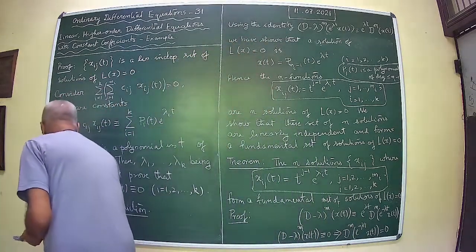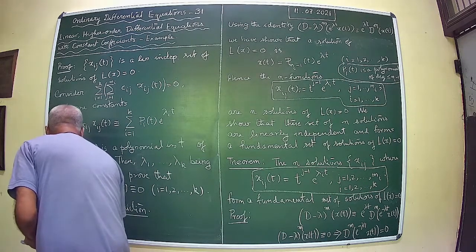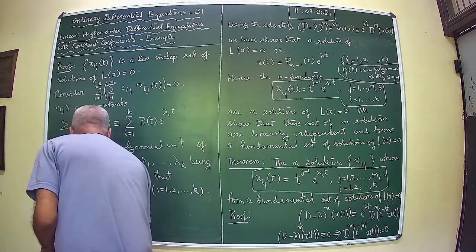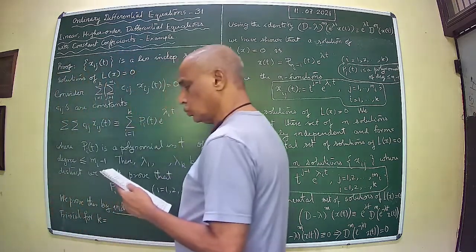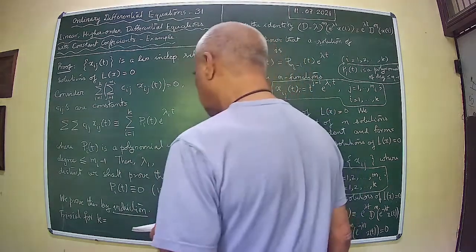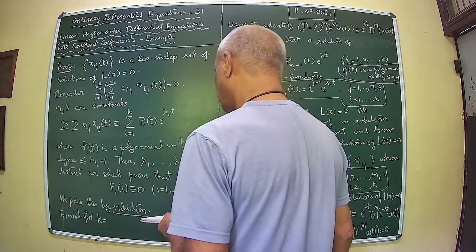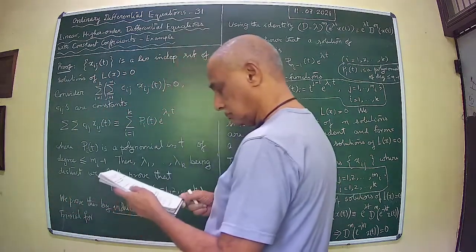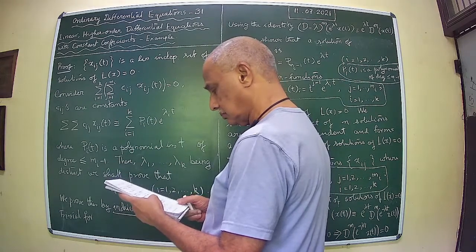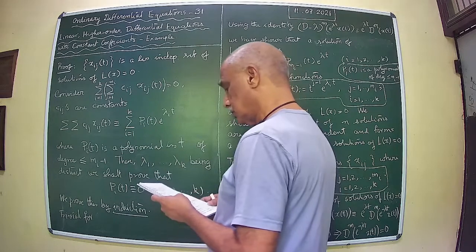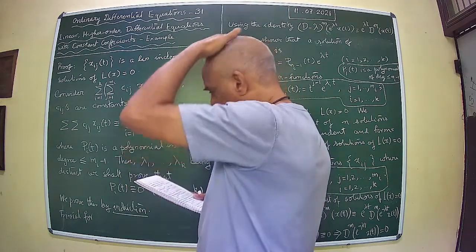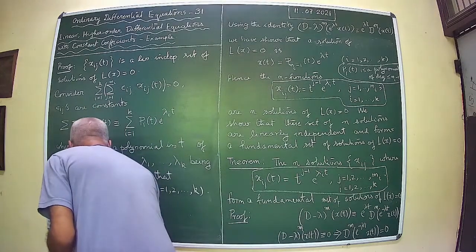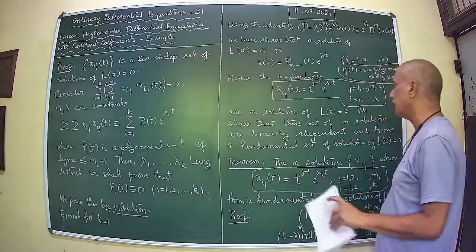This is true for k equal to 1. Because when k equal to 1, suppose there is only one eigenvalue in it.